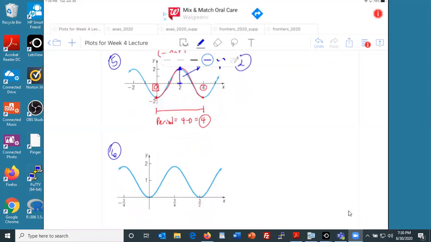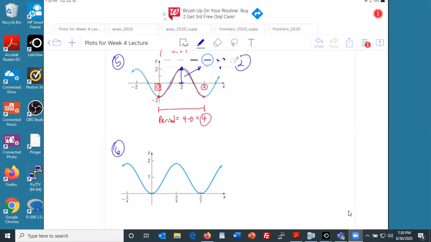All right, and finally, number 6 here. All right, so number 6. Now, take a look at this. This one is a little different. Where is the midline?